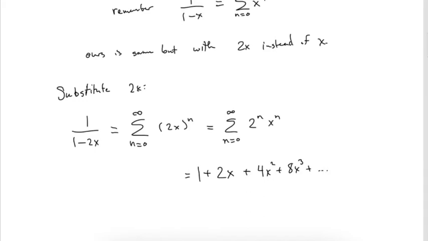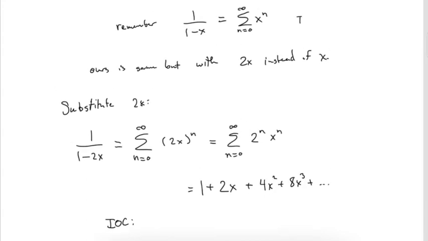And what about the interval of convergence? For the interval of convergence, remember the original thing here, the interval of convergence was the absolute value of x has to be less than 1, right? And so in this simple case, as an interval, that's the interval minus 1 to 1, right?